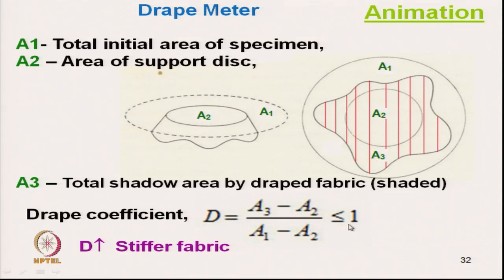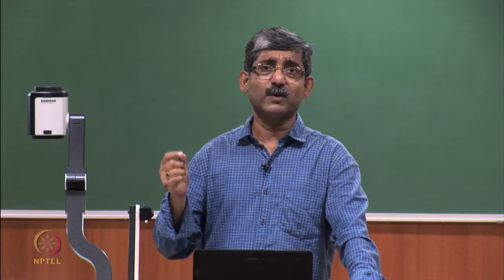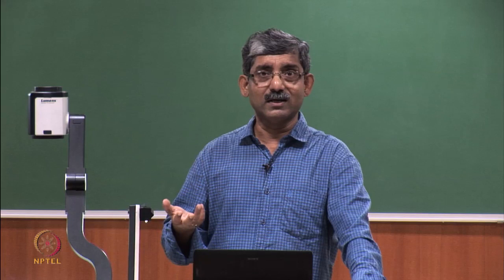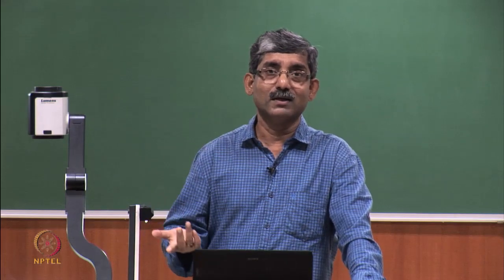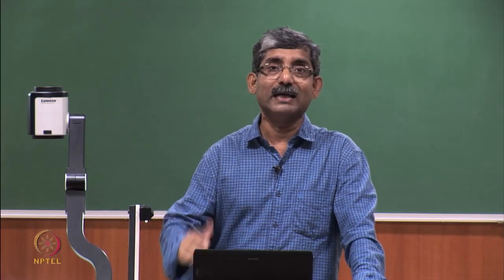And when we take the mass of the cut-out shaded portion, we are taking A3 minus A2, because the actual paper is annular and the hole is there. So, we are taking the projected area, because the mass per unit area of the paper is constant, so the ratio of mass shows the ratio of the area.